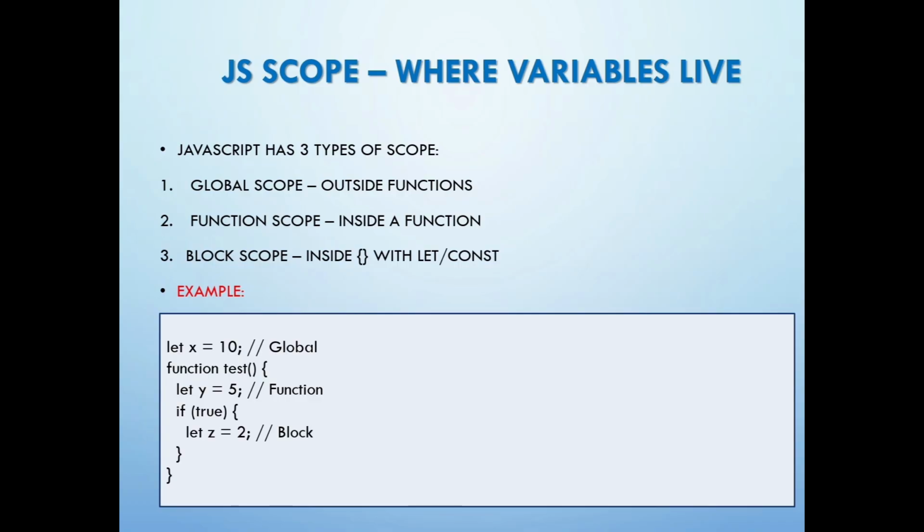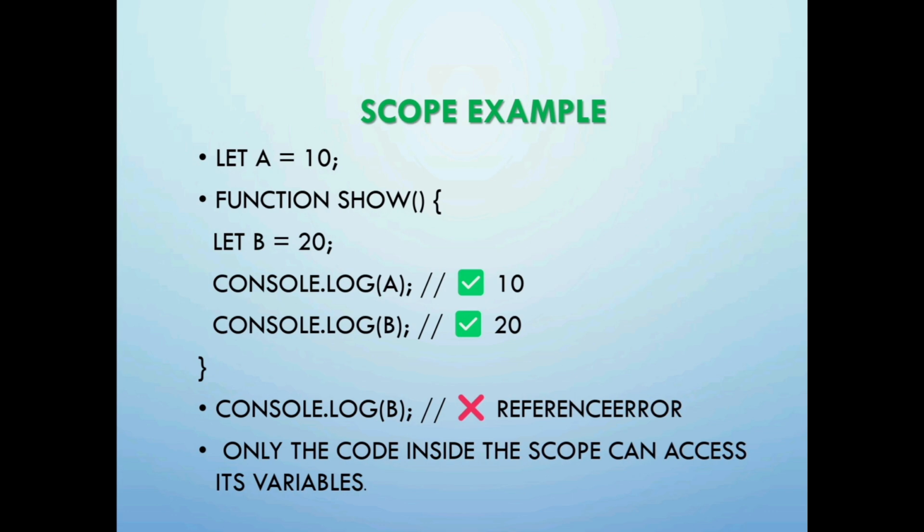Next we will see the scope execution part. Before going to execution, I am taking one simple code. Outside a function I am taking a variable a with value 10. Inside the function I am taking b with value 20, and inside the function I am printing both a and b using console.log of a and console.log of b, and next I am closing the function.